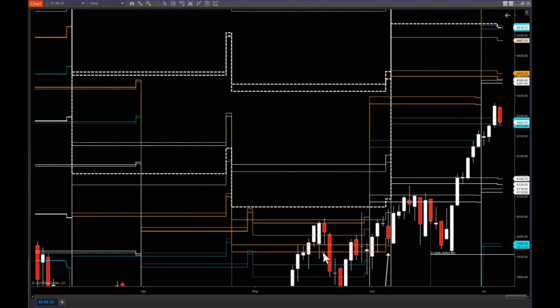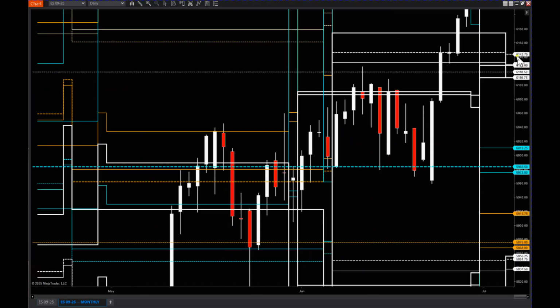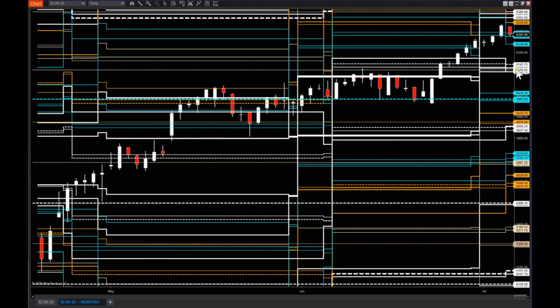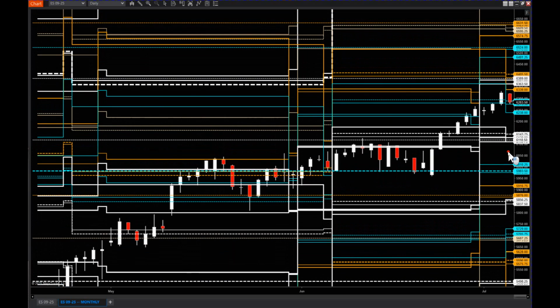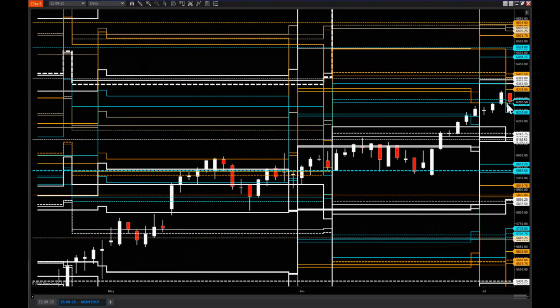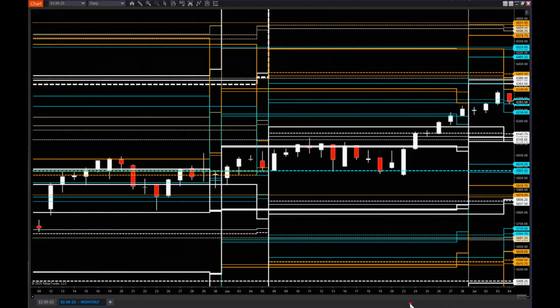Put a daily bar up and a monthly distribution, which you can get from different time frames, and you can see right here we're sitting on those monthly twos as support. If we're going long, you would want those to hold inside your monthly one.